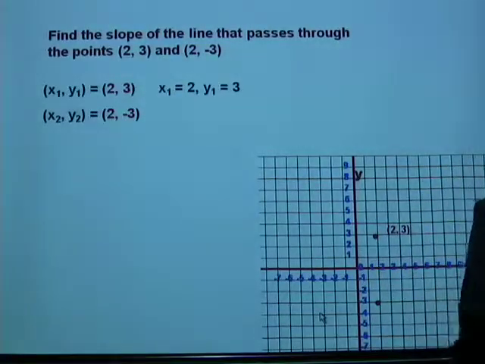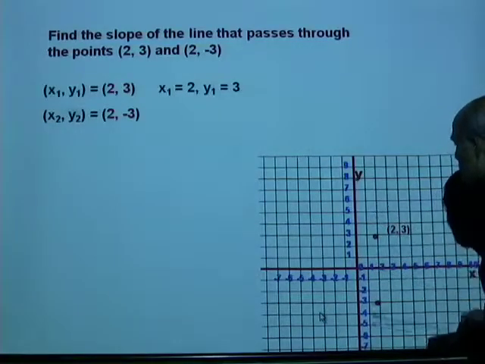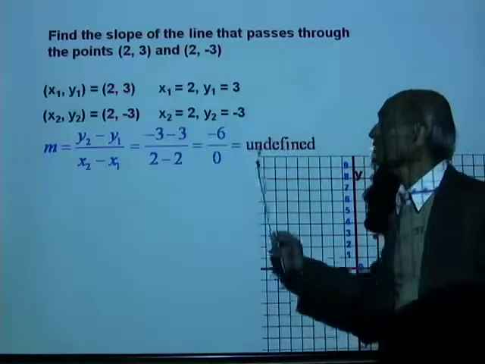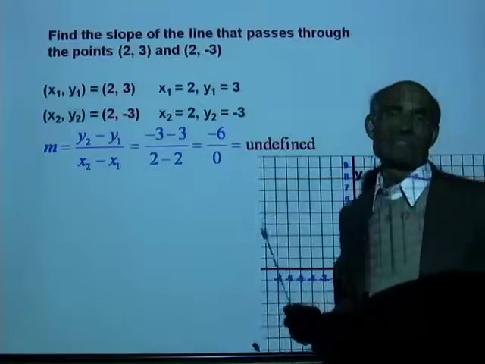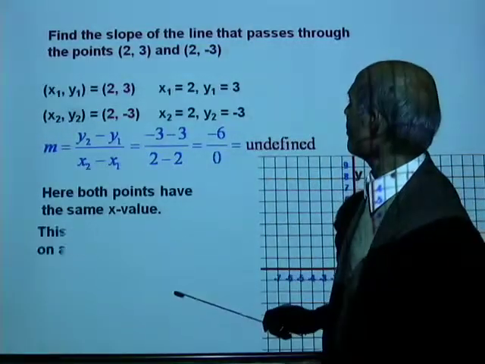The line that passes through these two points is a vertical line. And what is the slope of such a line? The slope of that line is undefined. All right.